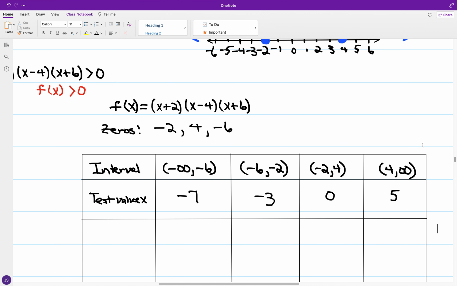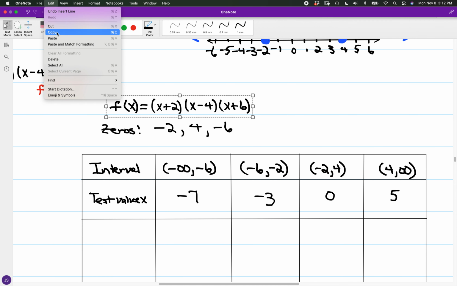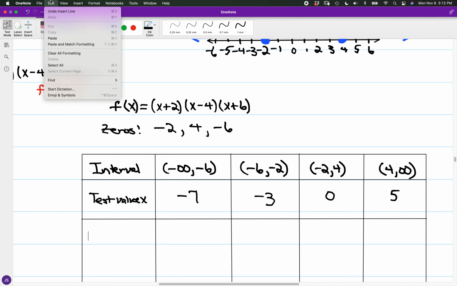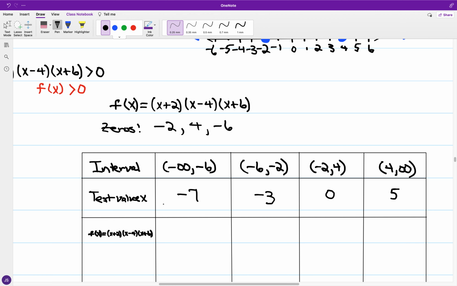Again, we have our function, x plus 2, x minus 4, x plus 6.